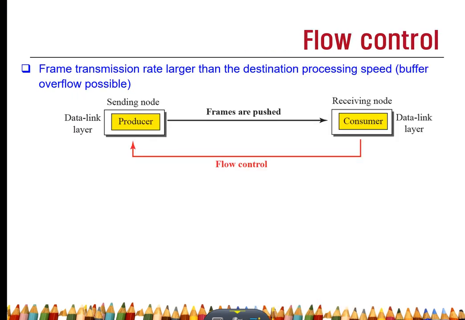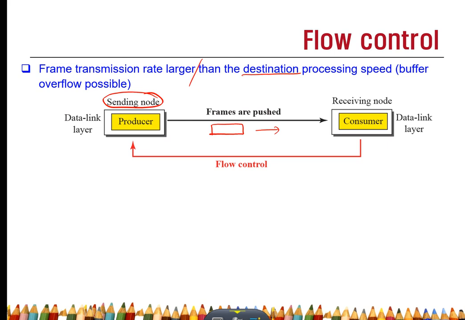In flow control, the frame transmission rate is usually larger than the destination processing speed. What does it mean? For example, this is the sending node, and the frames are pushed to the receiving node.